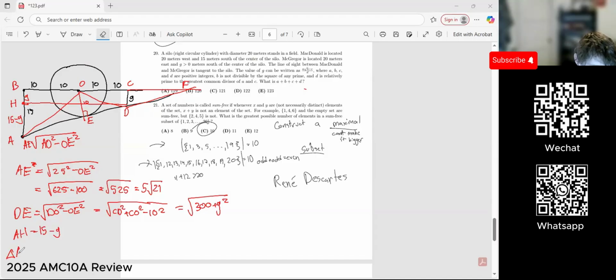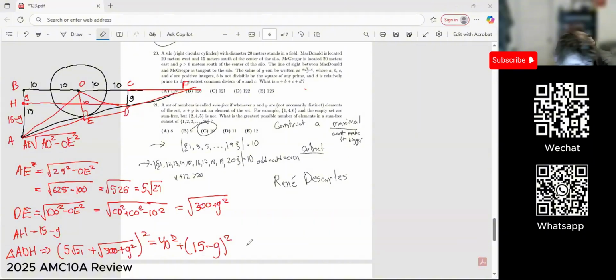So triangle ADH is a right triangle. And so we get that this length plus this length squared, so 5 root 21 plus the square root of 300 plus G squared, should be equal to 40 squared plus 15 minus G squared.